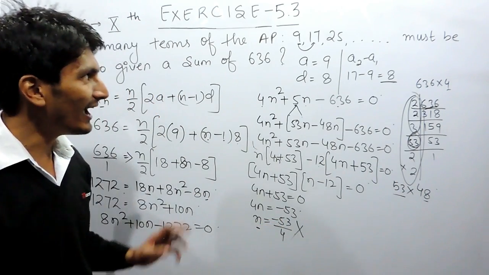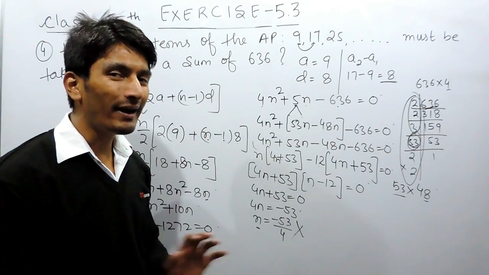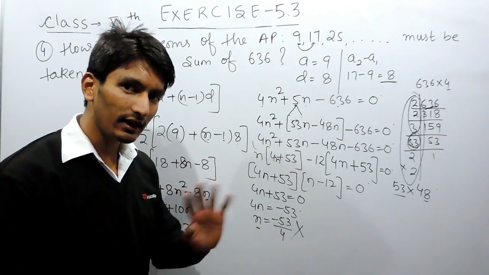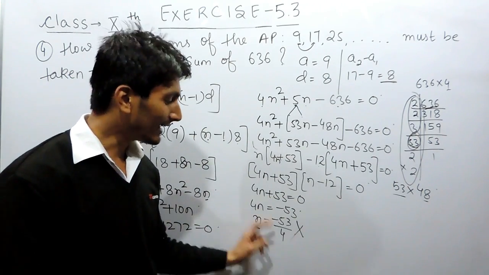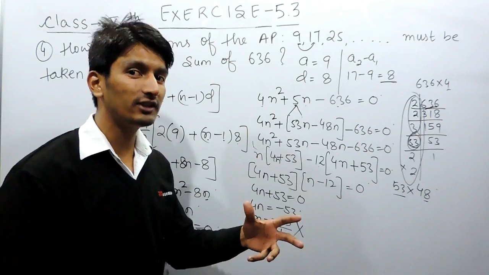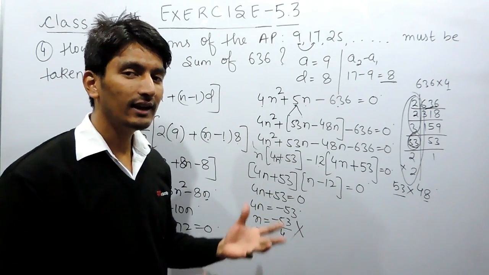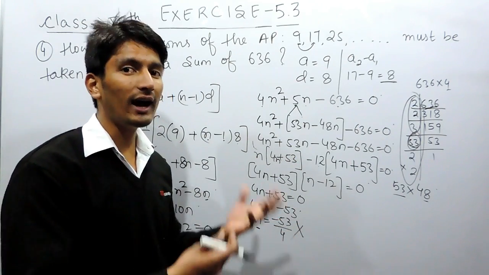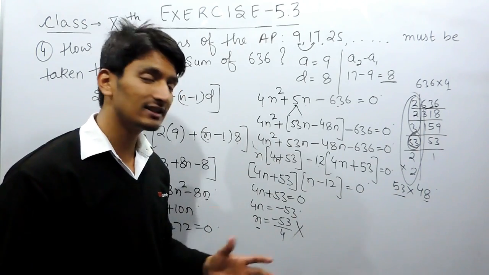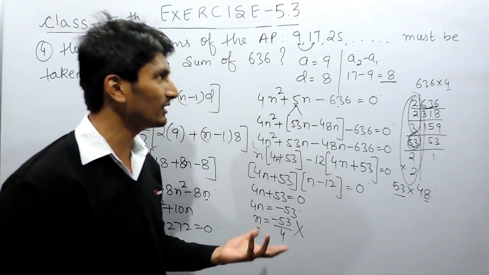I can't say I have an AP with minus 3 terms, so terms cannot be negative, and I can't say that I have 2.5 terms in an AP. I'll say that I have 2 terms in an AP, or I have 3 terms in an AP. I can't say I have 2.6 terms in an AP.